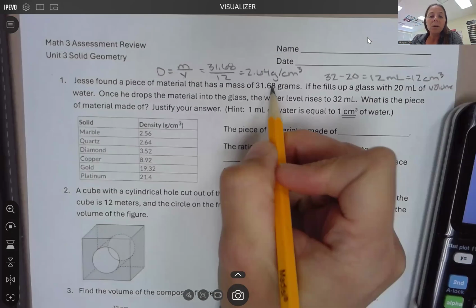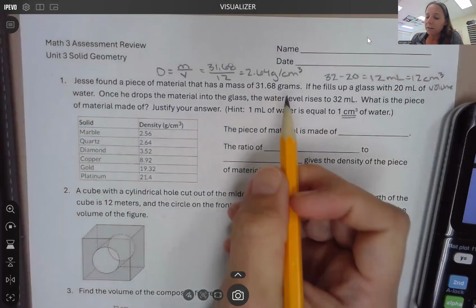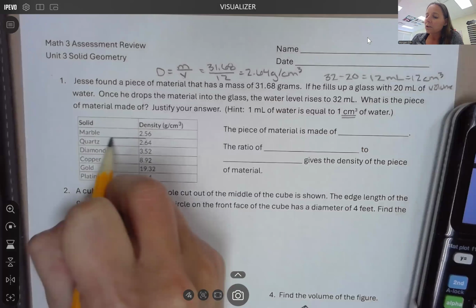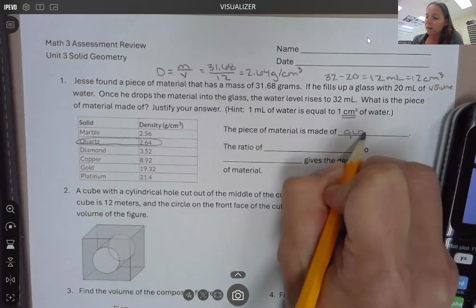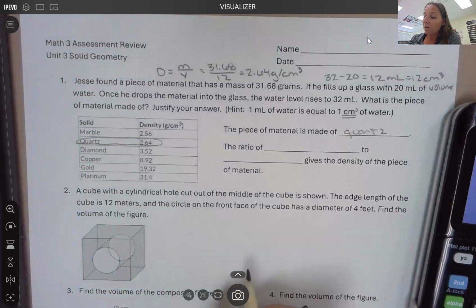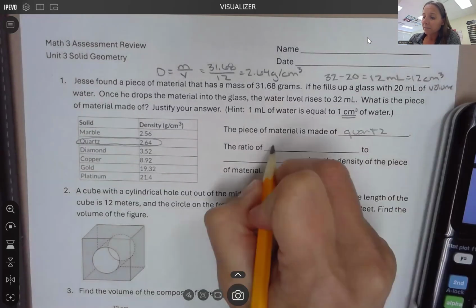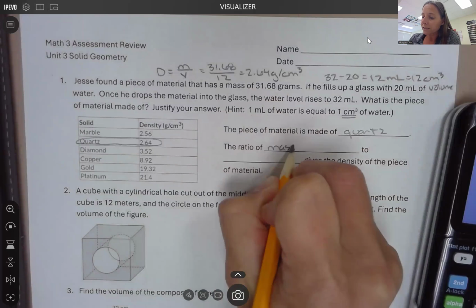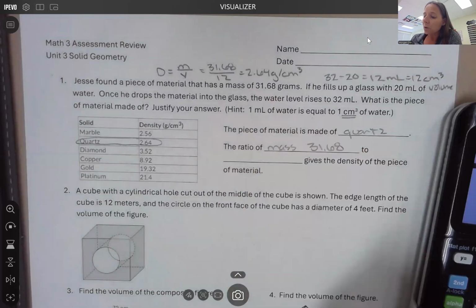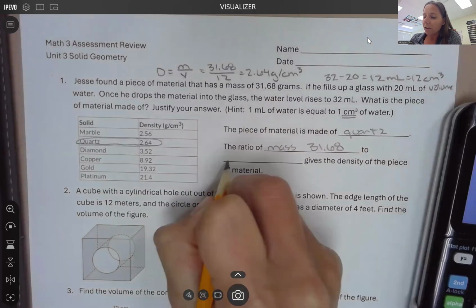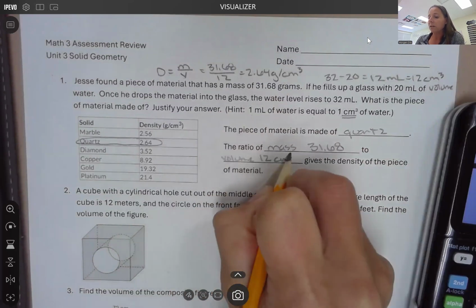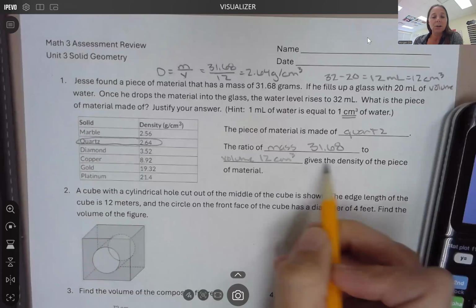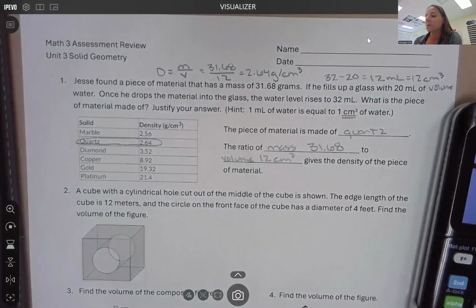So what does this match up with? If you notice, it matches up with quartz. So the piece of material must be quartz. The ratio of the mass, which was 31.68, to the volume, which we found to be 12 centimeters cubed, or 12 milliliters, gives the density of the piece of material. So that's the math that we actually did.